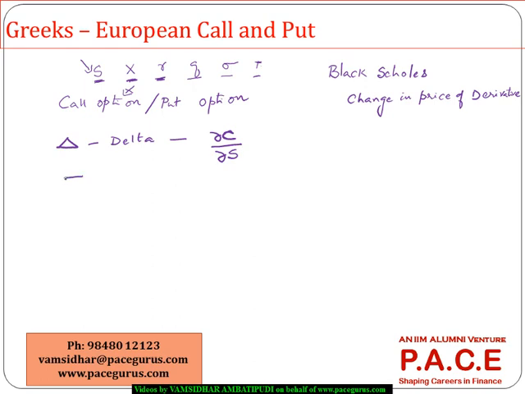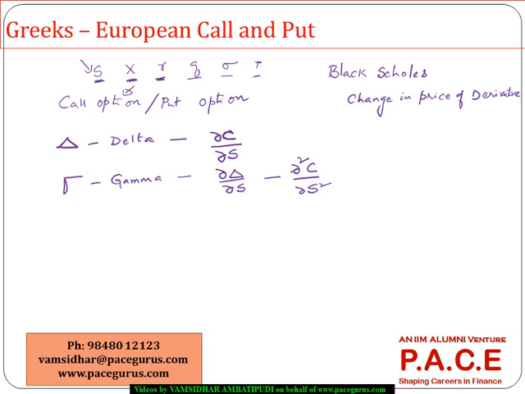And there is one more called gamma, which talks about the rate of change of delta with respect to the spot price change.